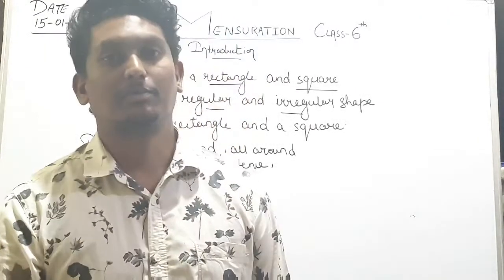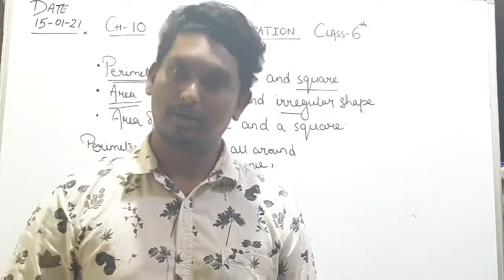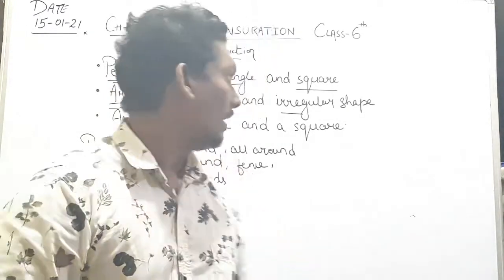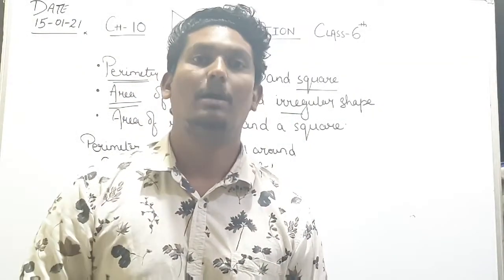Regular shapes means those whose measurements are all equal. They are called regular shapes. And irregular shapes means those whose sides are not equal.